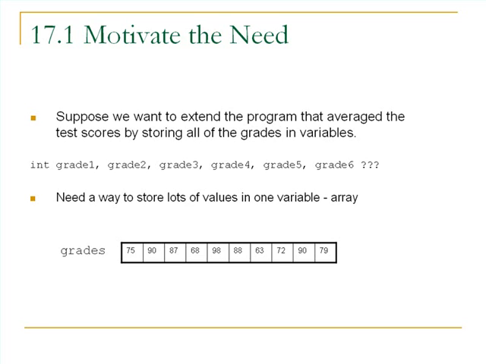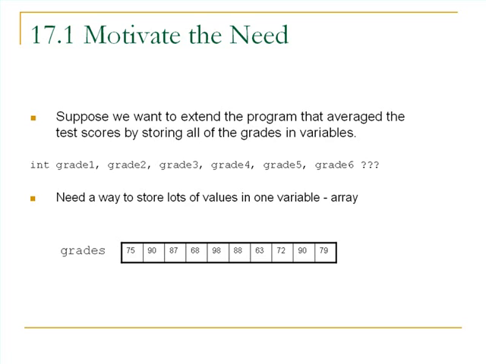But in this case, we're going to have a lot more. Up until now all we could do is declare each one as an individual variable. So we would give it a data type, in this case int, and each one would have its own name, grade 1, grade 2, and so on.